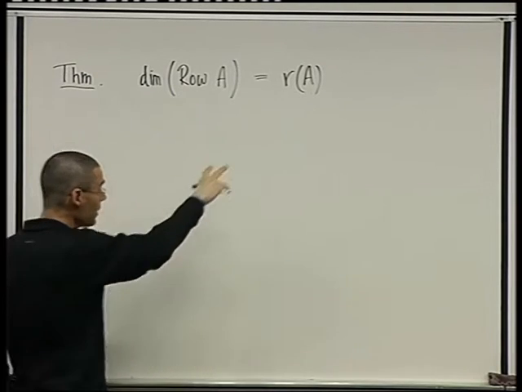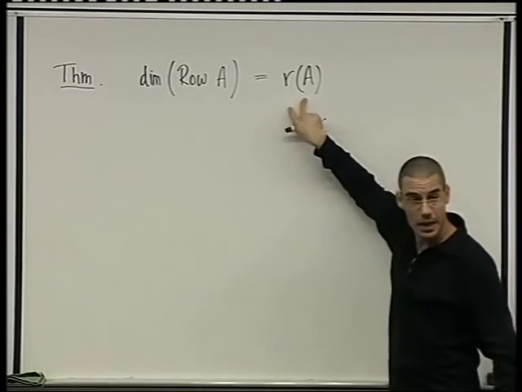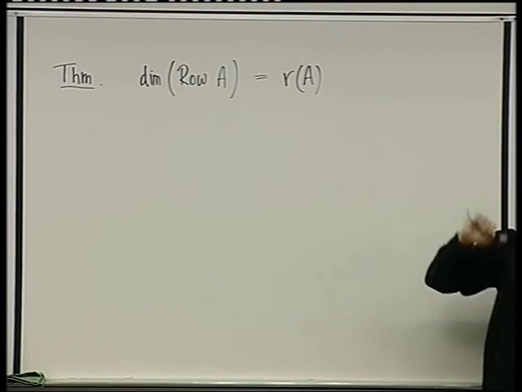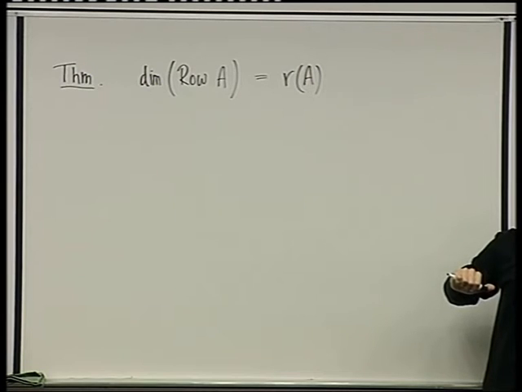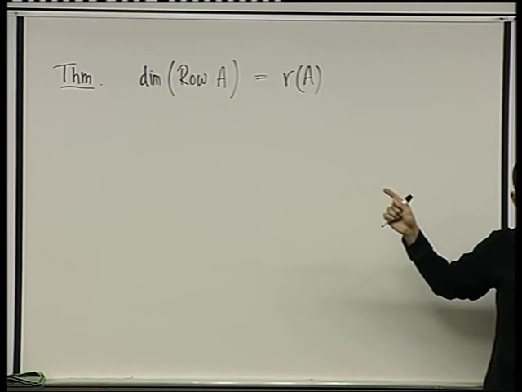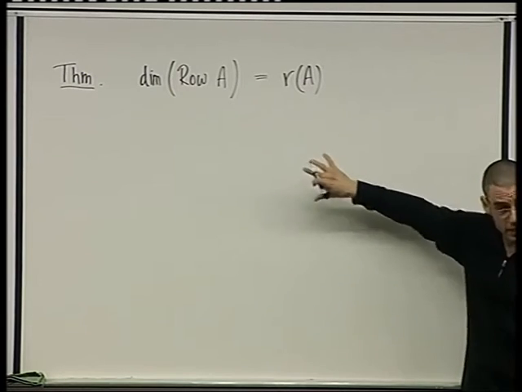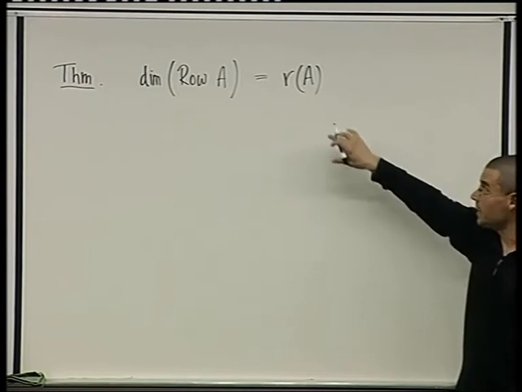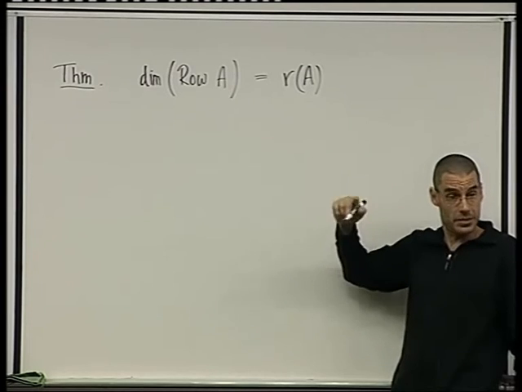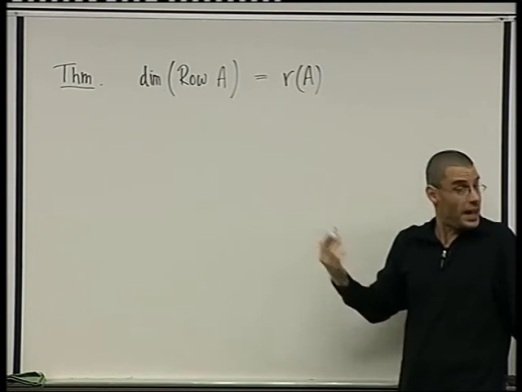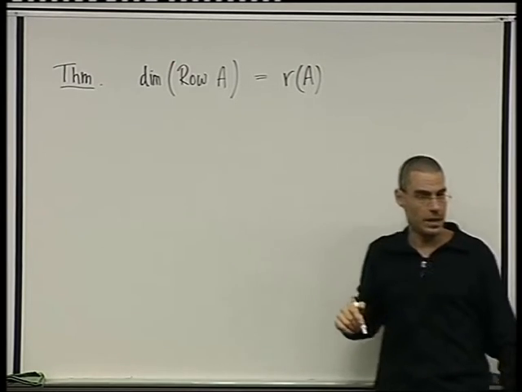The rank of the matrix we defined as the number of non-zero rows in the echelon form. So the dimension of the row space is in fact the rank. We will prove this in a second, but do you agree that we could have defined the rank of a matrix to be the dimension of the row space?